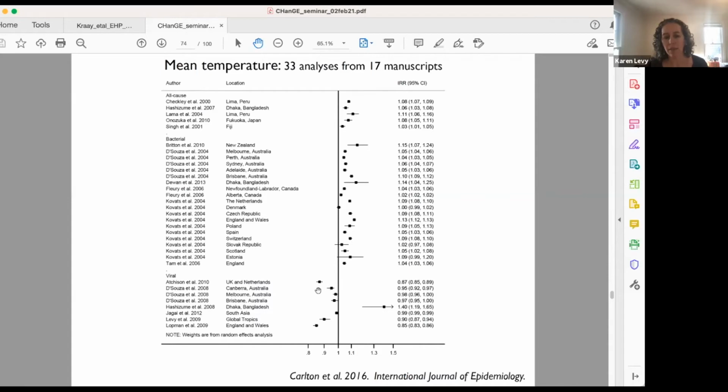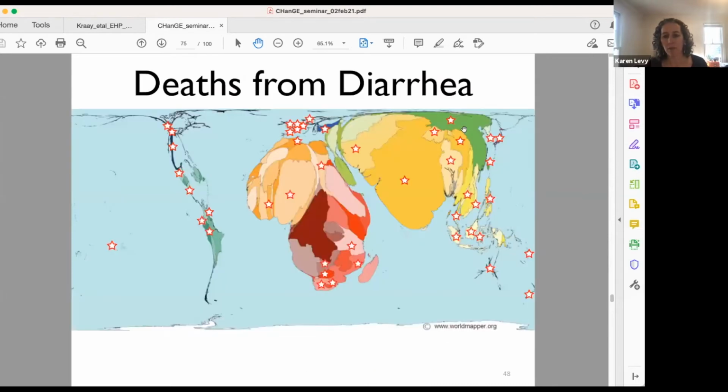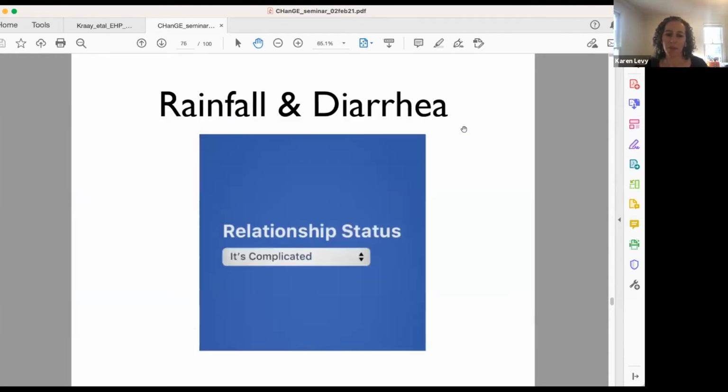The main factor here is that these are all the viral pathogens, and these are the bacterial and all cause. And so viruses tend to peak at cooler, drier times of the year, and bacterial pathogens tend to increase with increasing temperatures. So now we've worked to increase the representation of where these studies are coming from across the globe. So that's for temperature.